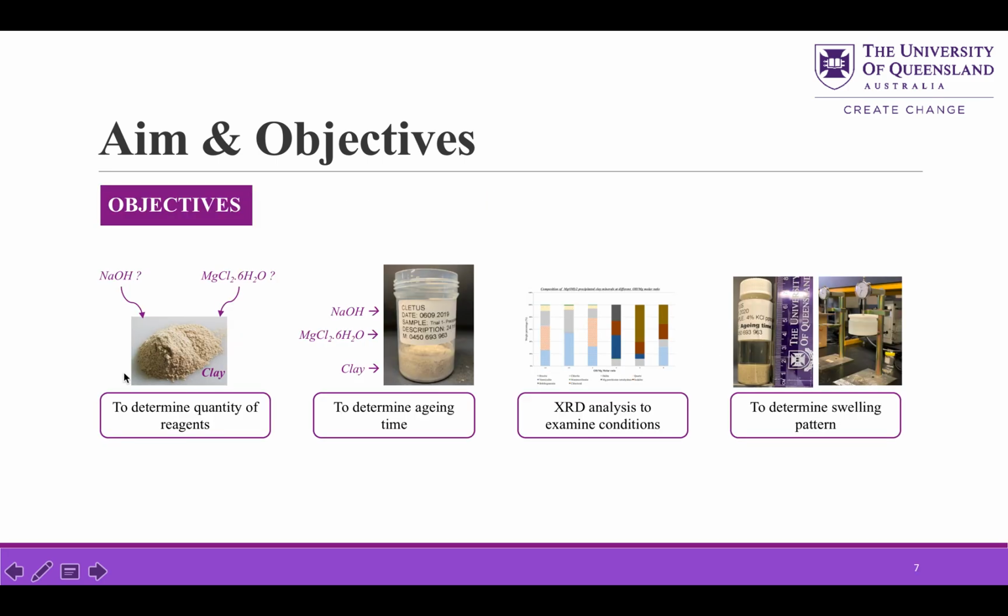So what are the objectives? The first thing is to know what quantity of reagents are required to precipitate magnesium hydroxide effectively, and what's the aging time, and to use XRD to examine the various conditions, and also, out of the two methods, what's the swelling pattern? Is it the same or different?